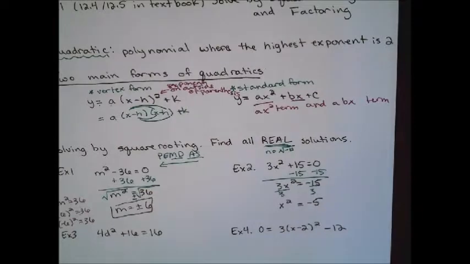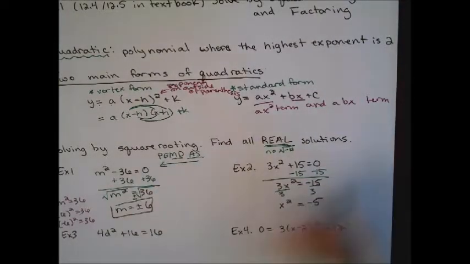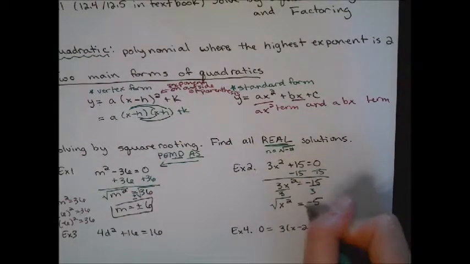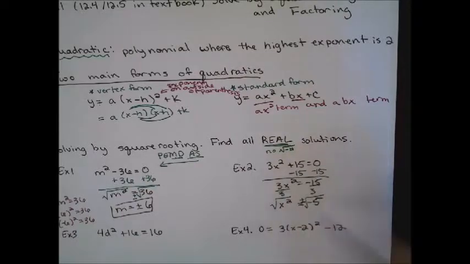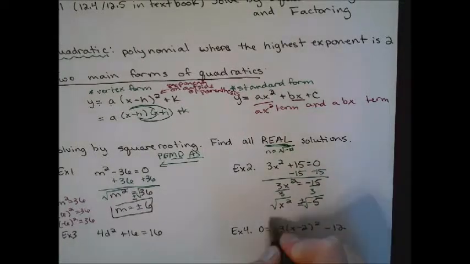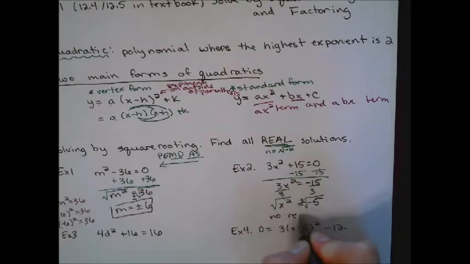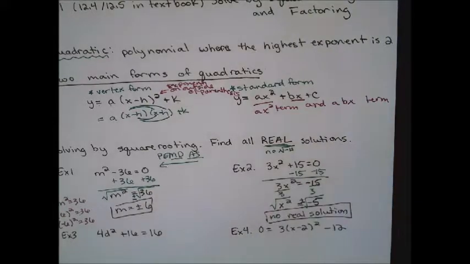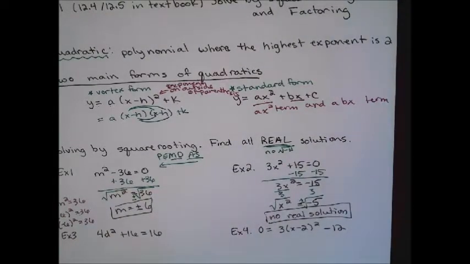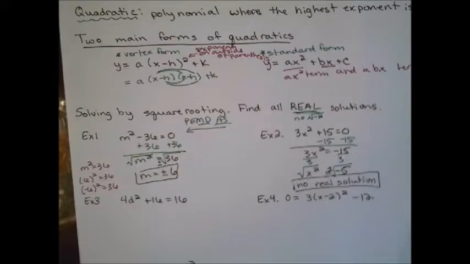And now I'm going to undo my exponent by taking the square root, remembering that whenever I take the square root, it's plus or minus. Here I notice that I'm taking the square root of a negative, so this is going to be no real solution. Go ahead and try example 3.